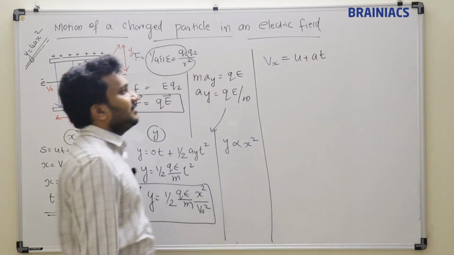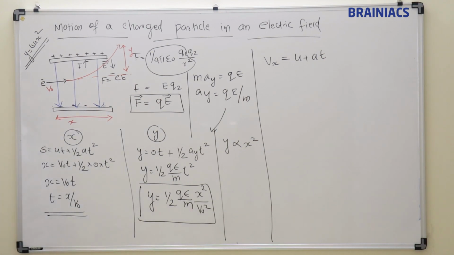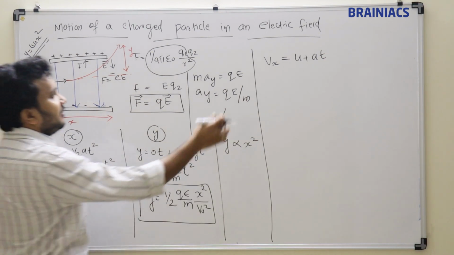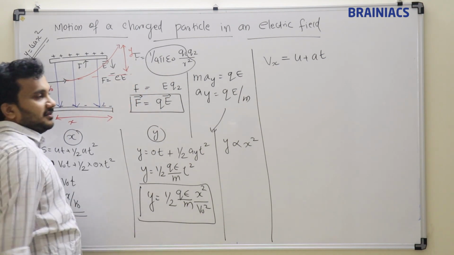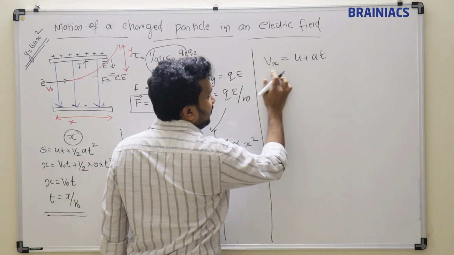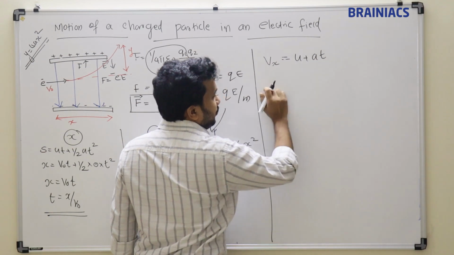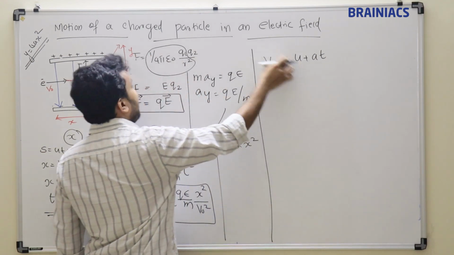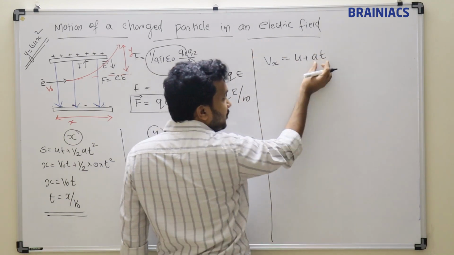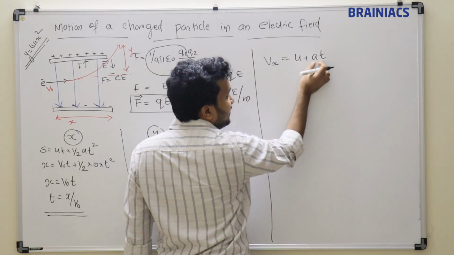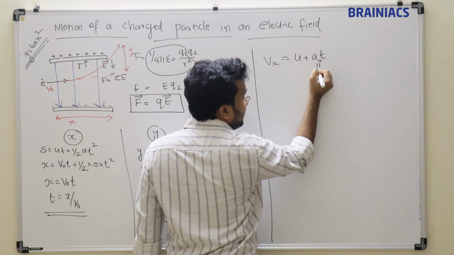What is the acceleration along the X direction and what is the final velocity in the X direction? So Vx is hard to determine in this case, right? A will be equal to 0 along the X direction, and U we know is equal to V naught. So if you substitute AT, A is 0 along the X direction, so this is nothing but 0.